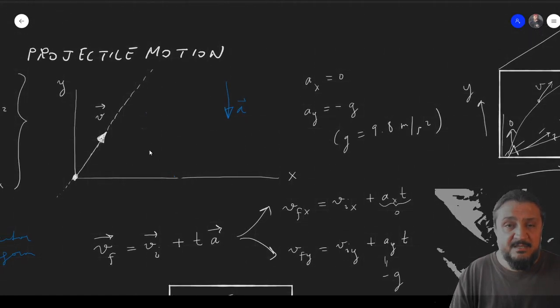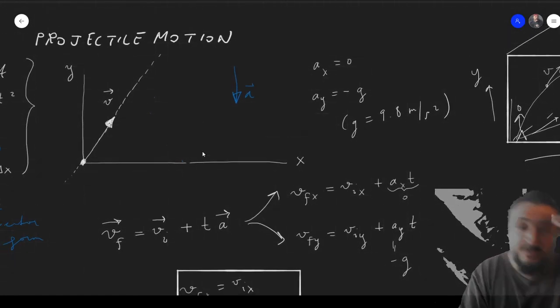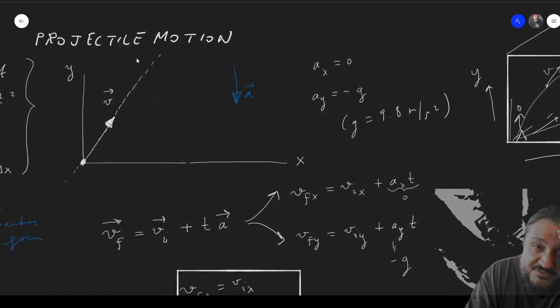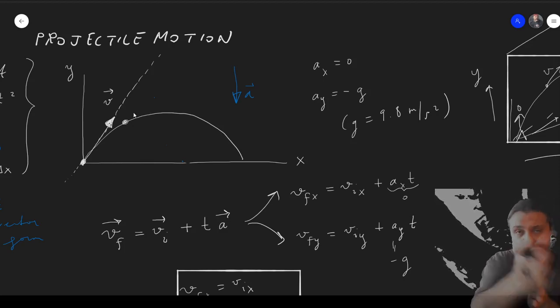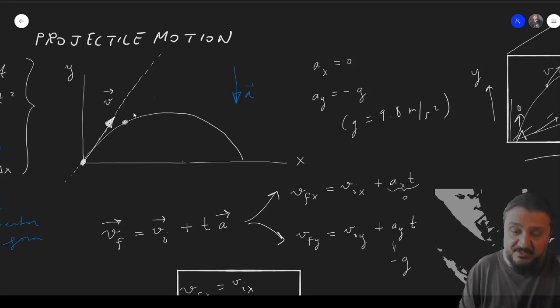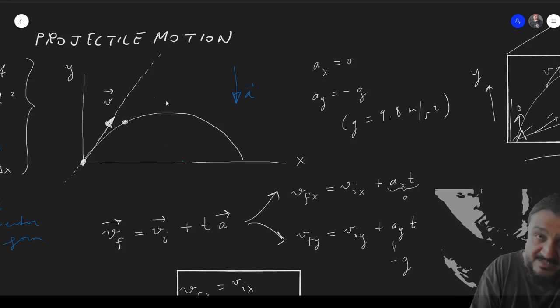So, going back to the question of what will be the path, it won't be a straight line, it will be what we call a parabolic path, like this. And along this path, when the ball moves, its velocity vector will always be tangent to the path. We've seen that before, why it happens.